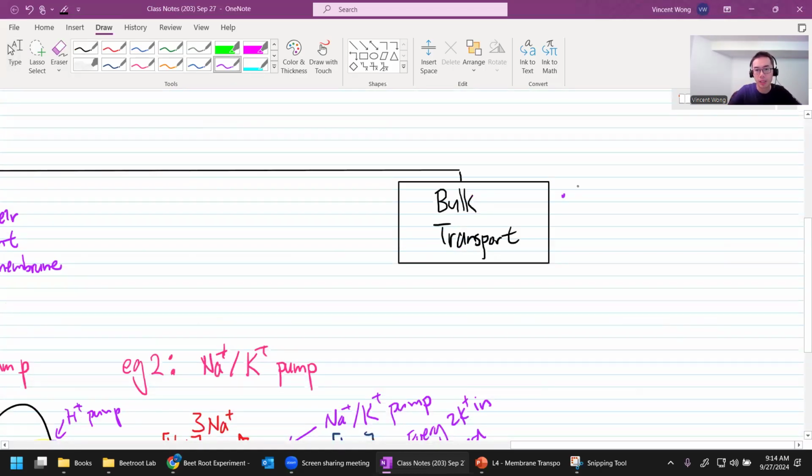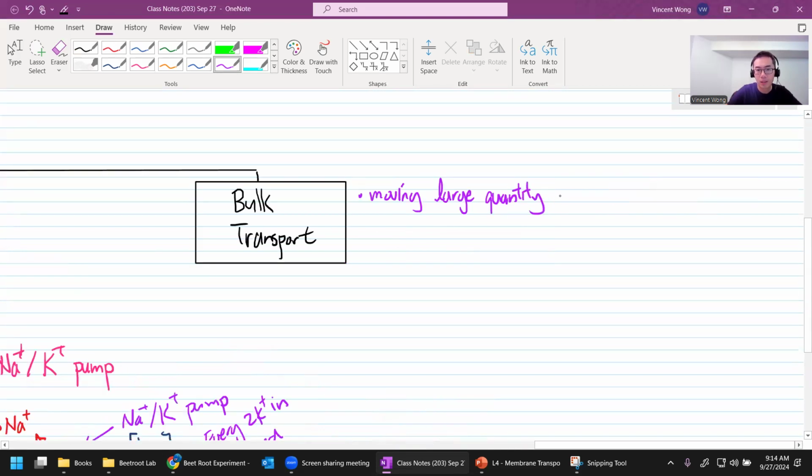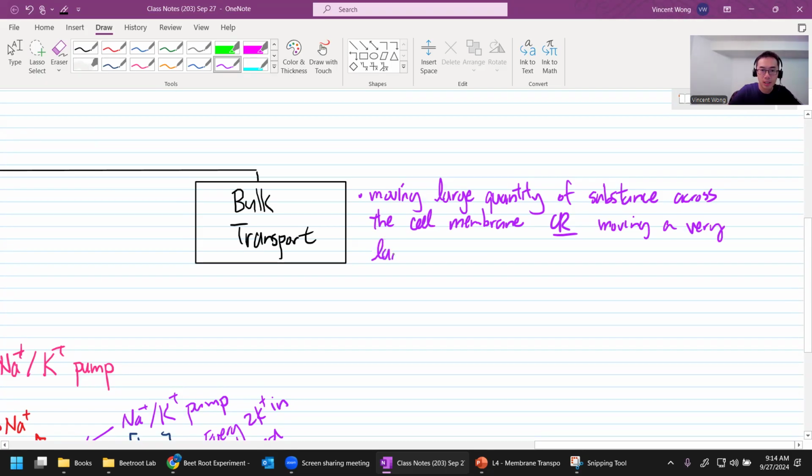So bulk transport is moving a large quantity of substances across the membrane, or moving a very large particle across the membrane.